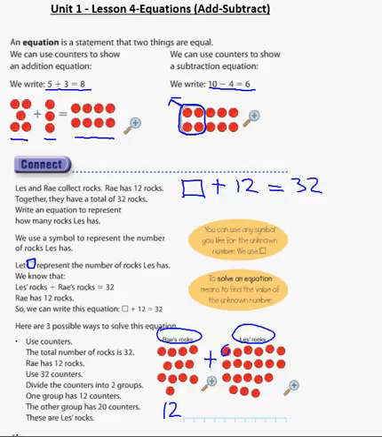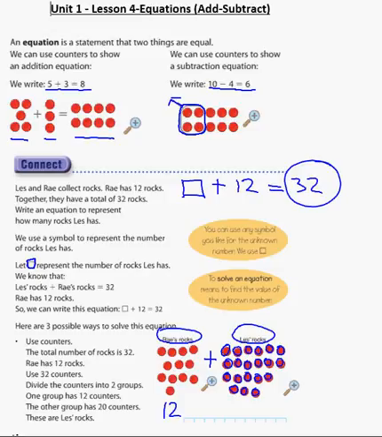You could draw 13, 14, 15, 16, 17, 18, 19, 20, 21, 22, 23, 24, 25, 26, 27, 28, 29, 30, 31, 32. And then you stop because you've reached your magic number of 32, because that's the total of their rocks.